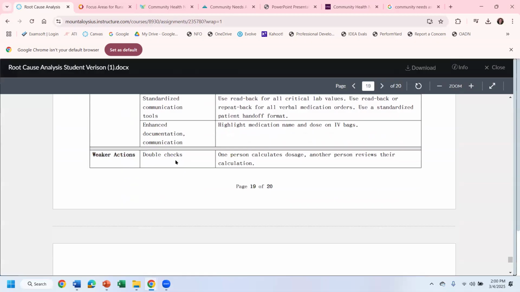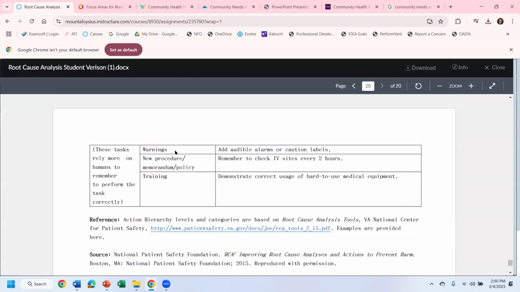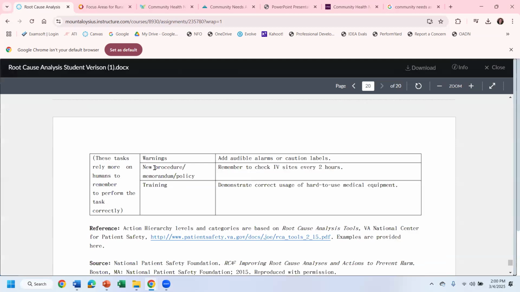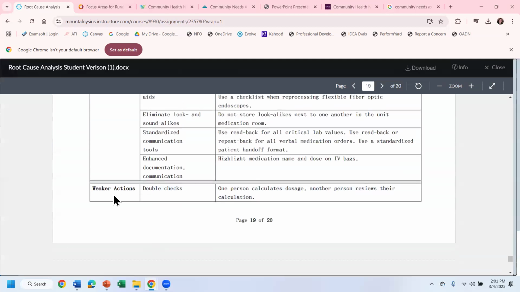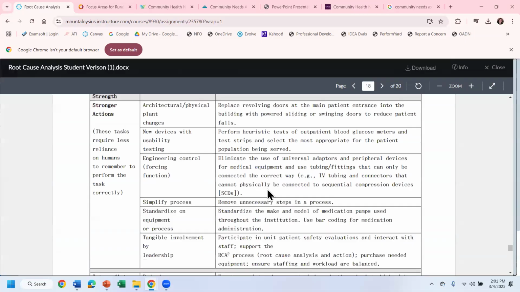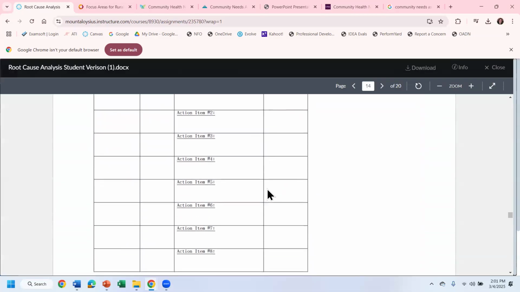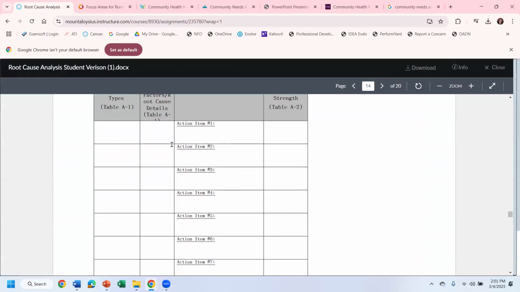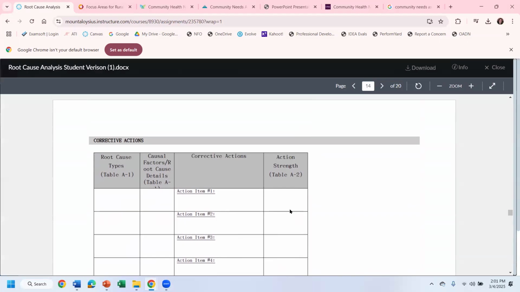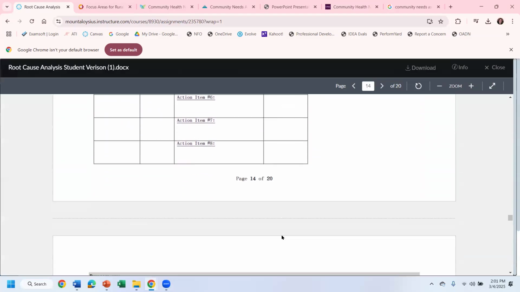And if it's, let's see, a warning, like an audible alarm or training, just telling people that they need to pay more attention, that is a weaker action. So sorry to scroll again, but you'll determine these action items based on the root causes and identify the strength of each of those actions.